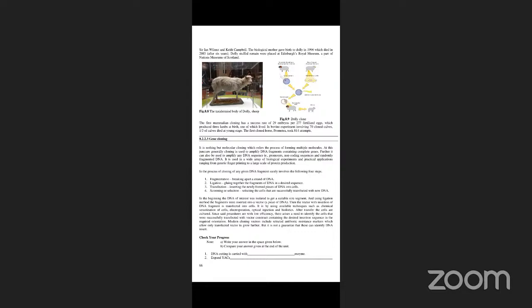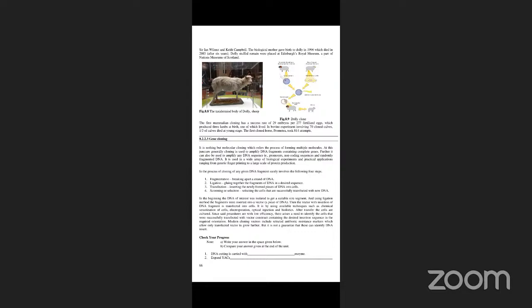In this process, the DNA fragment involves 4 steps. First is fragmentation. It has to be broken apart and separated. Then ligation: the gene of interest should get ligated to the vector. Then transfection: it has to be introduced into the host cell.